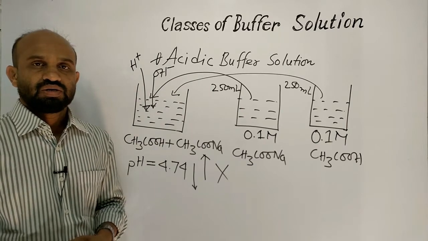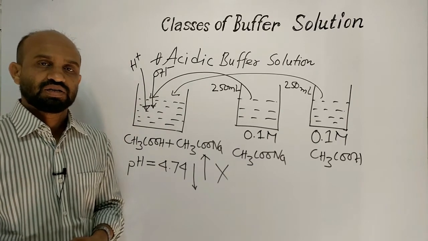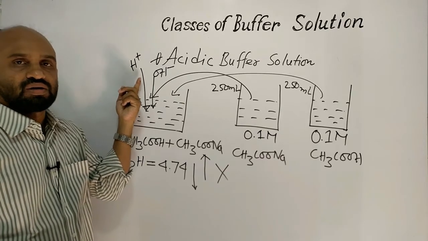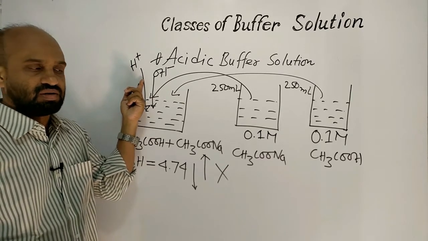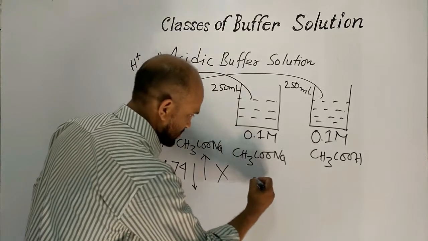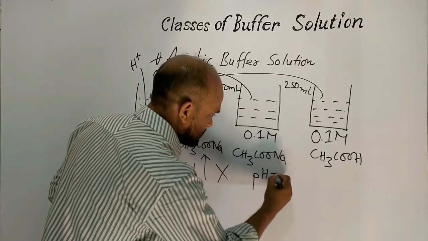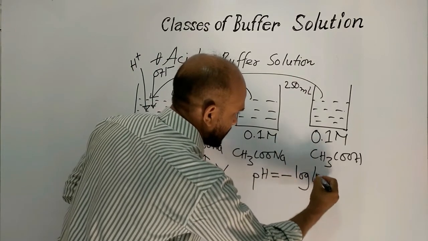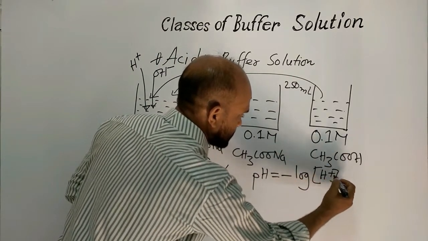We know three equations related to the concentration of hydrogen ion and hydroxide ion. Let's see the equations. pH is equal to negative logarithm of hydrogen ion concentration.